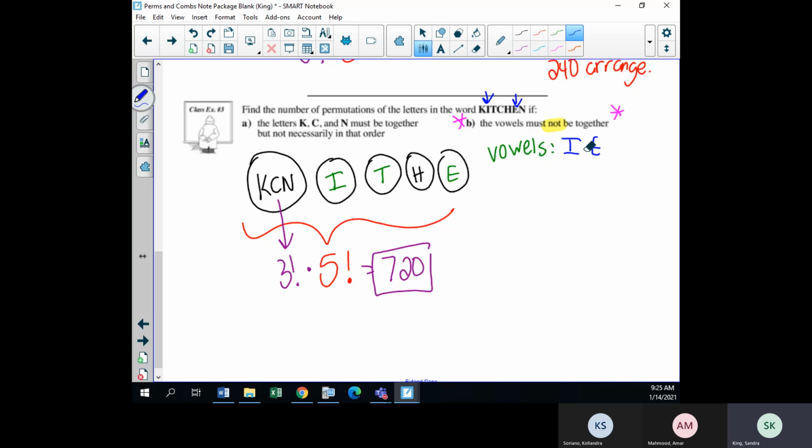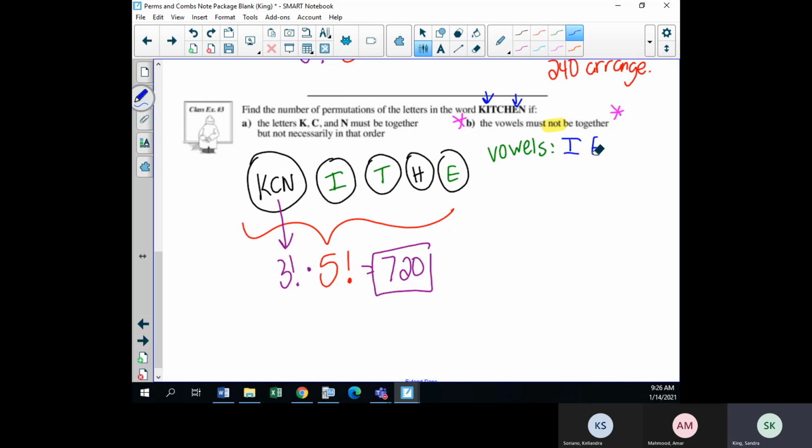If you ever see that letters cannot be together, they've got to be separated, what's the opposite of vowels not being together? Putting the vowels together, right? So whenever you see that these can't be together, how you're going to do the question is how many different arrangements are there with these vowels together?